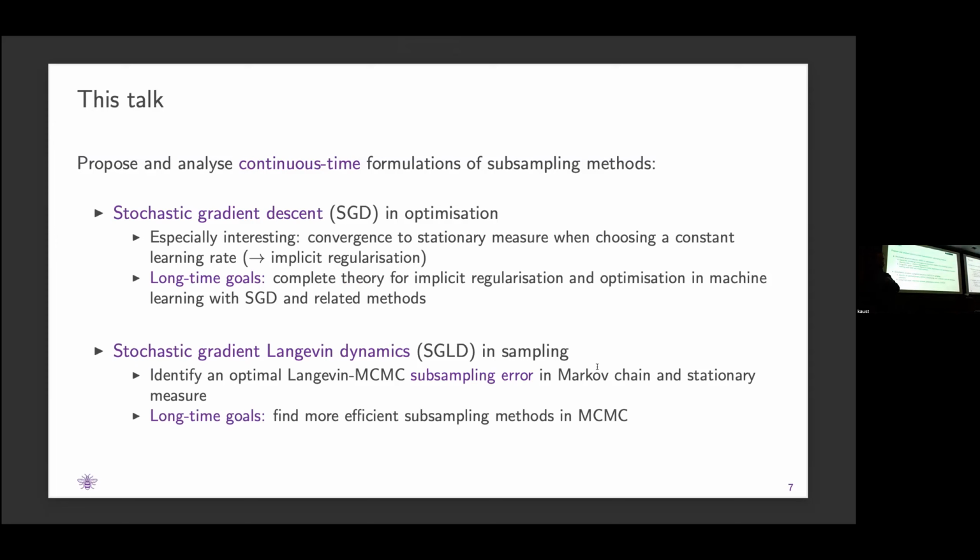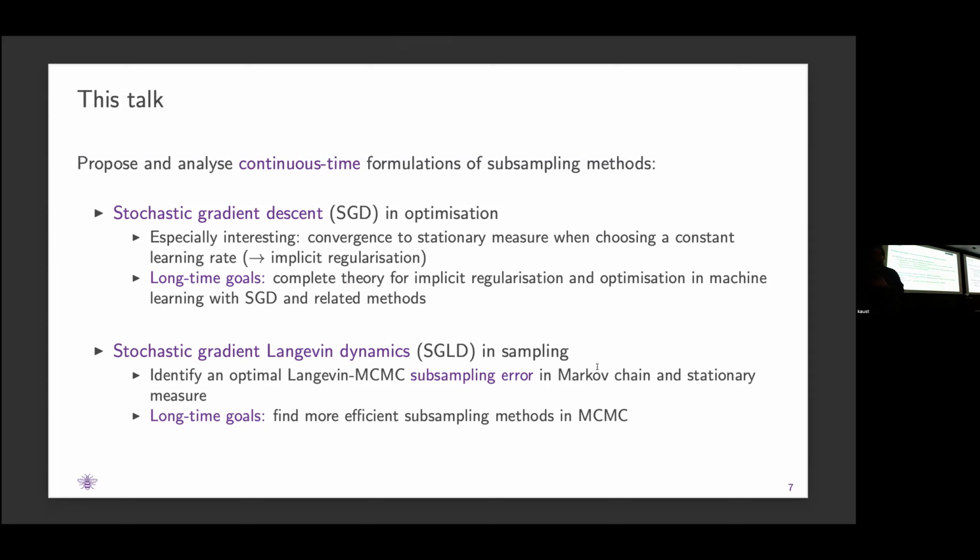For this talk, we want to figure out what happens if I reformulate the stochastic gradient descent that I just talked about in continuous time. I want to know what happens with this implicit regularization.